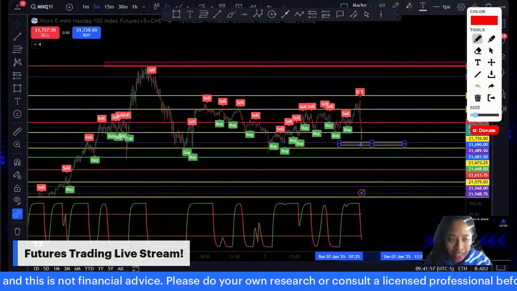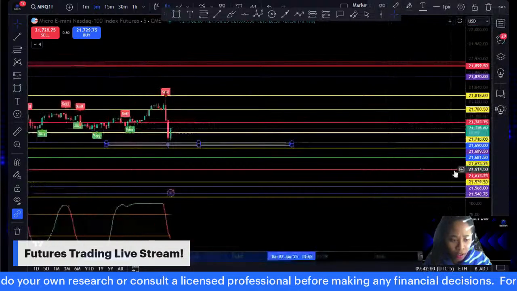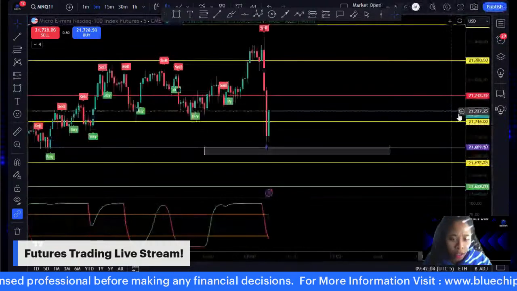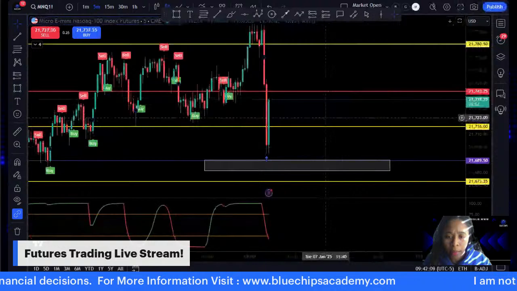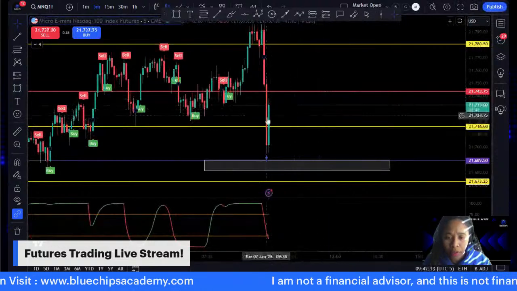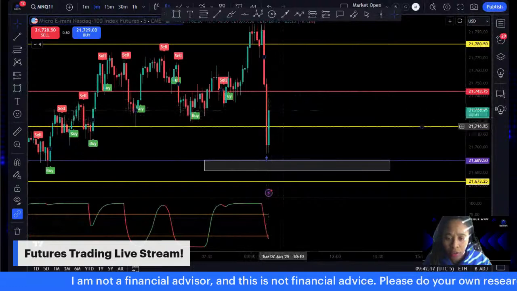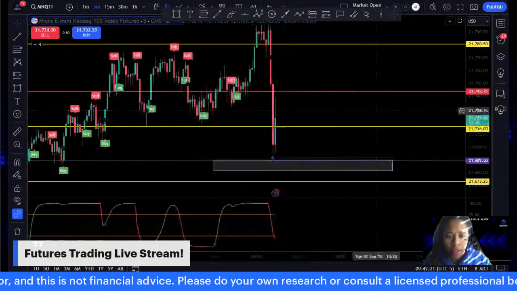So based on the next candle, that'll tell you if it's a pivot or a pullback. If this candle closes pretty strong, then we might be looking at a different type of scenario. But if it doesn't, and you get a nice engulfing strong bearish candle to follow it, that might be another re-entry right there.